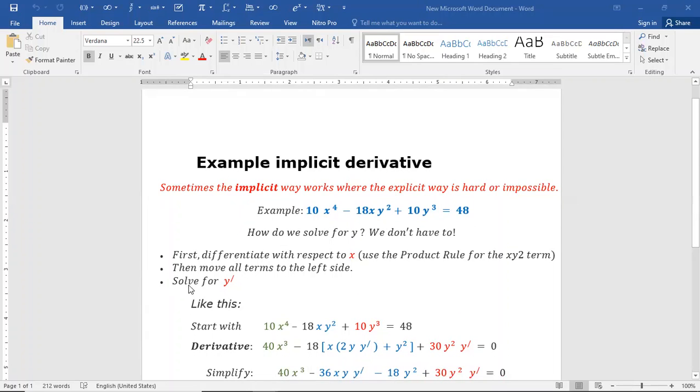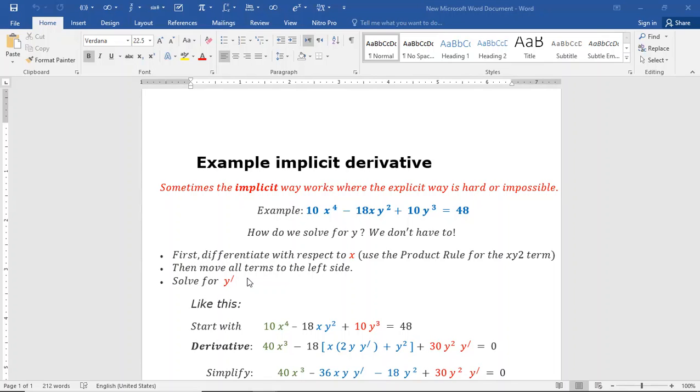We said first we have to find the derivative of each term with respect to x. Okay, then we move all terms to the left side. Which terms? The terms with y prime to the left.